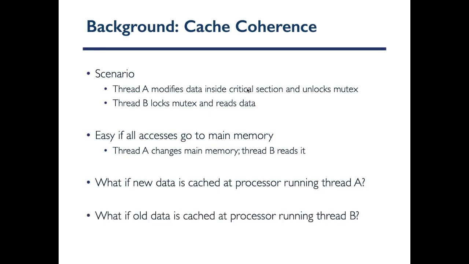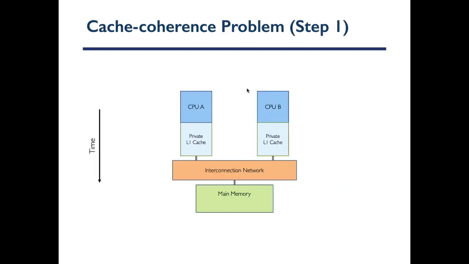And then thread B runs on its own processor, and let's say thread B also has cached the data in its own processor. Do we have a problem here? Now, let's look at it in a figure.